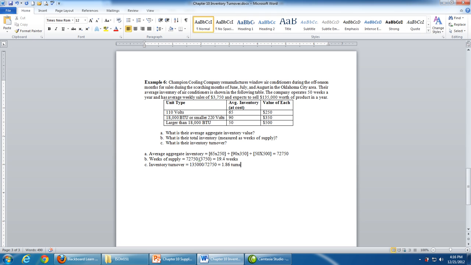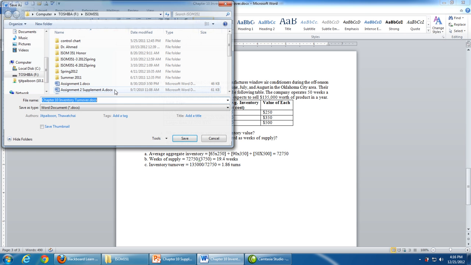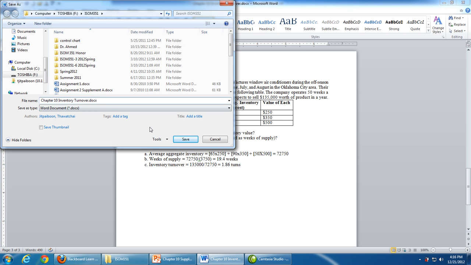Meaning the organization can only sell about 2 turns per year. Not a very productive organization. Okay, let's save this, maybe as a key or something.